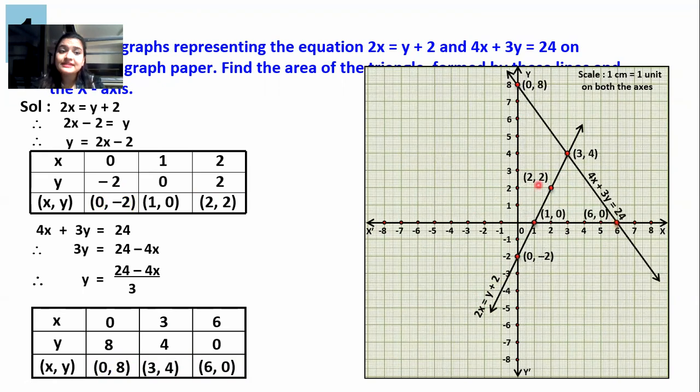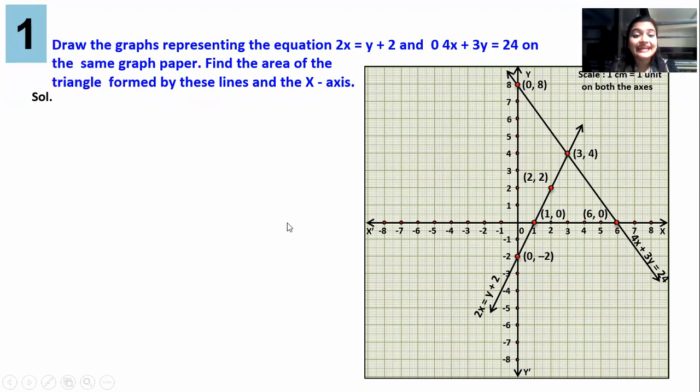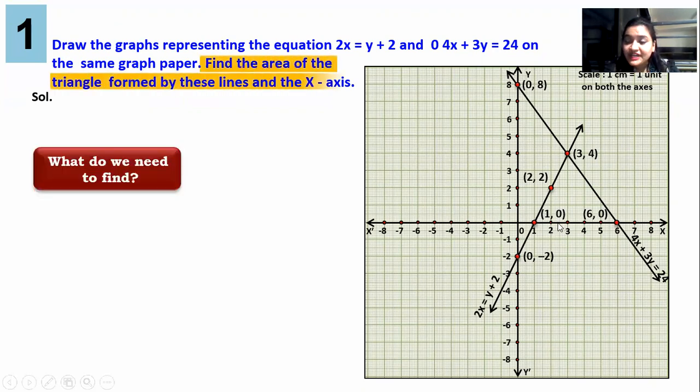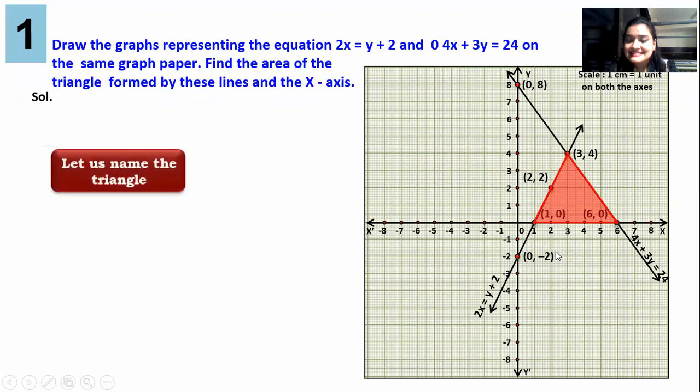Now guys, the next part of the question. Over here we got the intersection point, but the question says, find the area of the triangle formed by these lines and the x-axis.